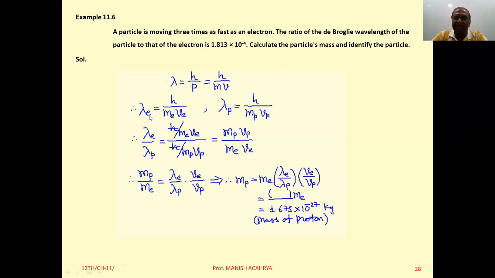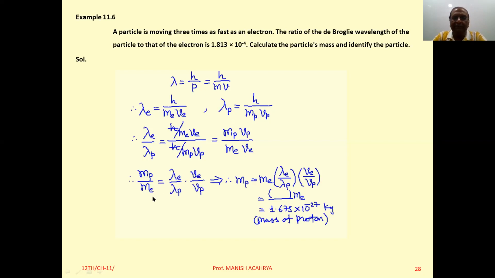So λ of electron is h upon mass of electron, speed of electron. λ for particle is h upon mass of particle, speed of particle. So λe upon λp. If we take the ratio of these two equations, we will get resultantly mp vp upon me ve.